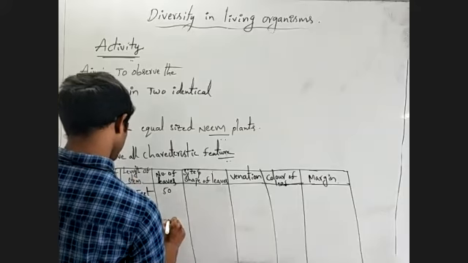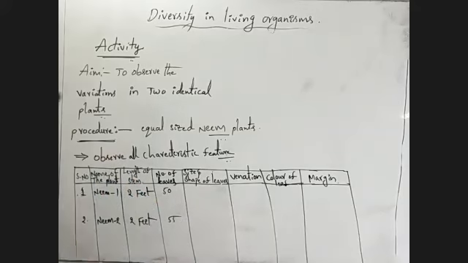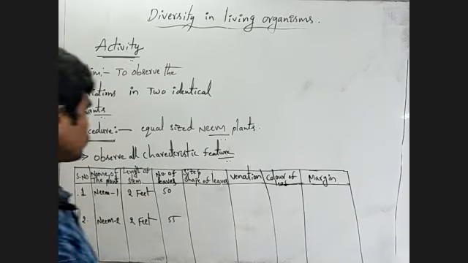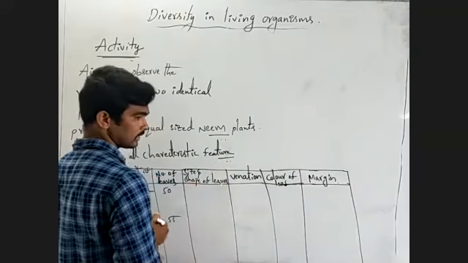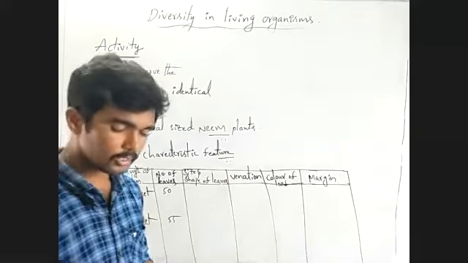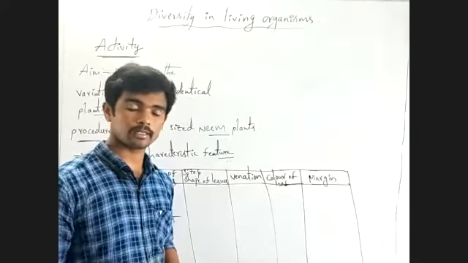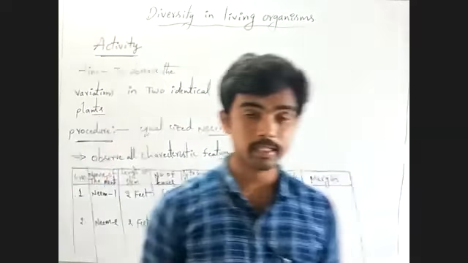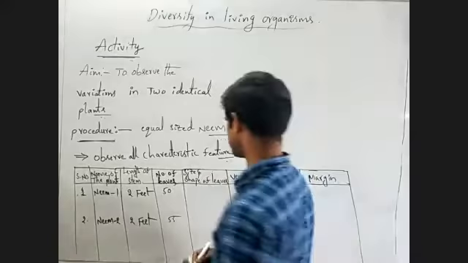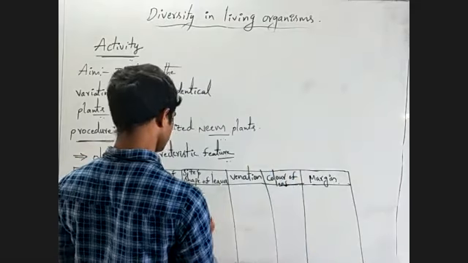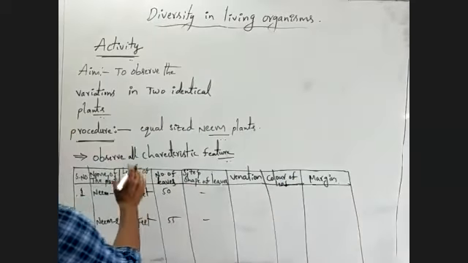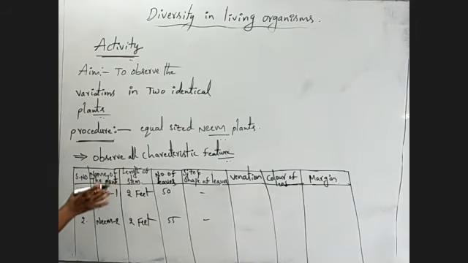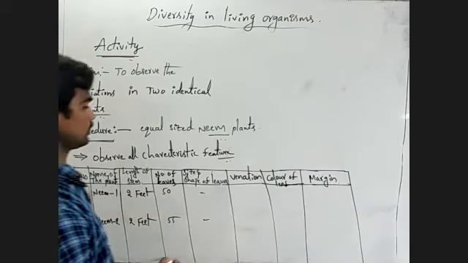Here, for example, 55. Next, size and shape of the leaves. Shape of the leaf: heart shape or oval shape or rod shape or any other shape. Shape is the same here. Size is different. The shape of the leaf is similar in one and two.